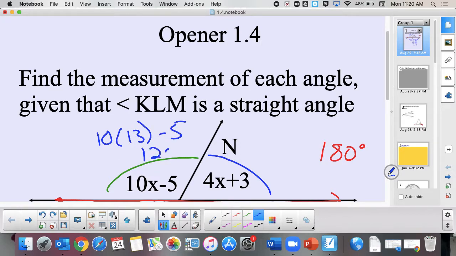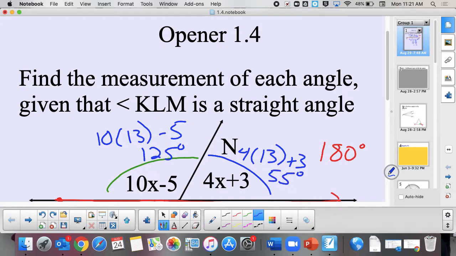We get 125 degrees. On the right hand side, it is 4 times 13 plus 3. 4 times 13 is 52 plus 3 gives us our 55 degrees.